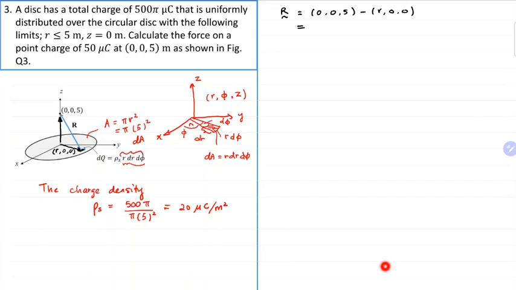So this equals minus r, 0, 5. And then the unit vector of this is divided by the magnitude. The magnitude will be the square root of r squared plus 5 squared.